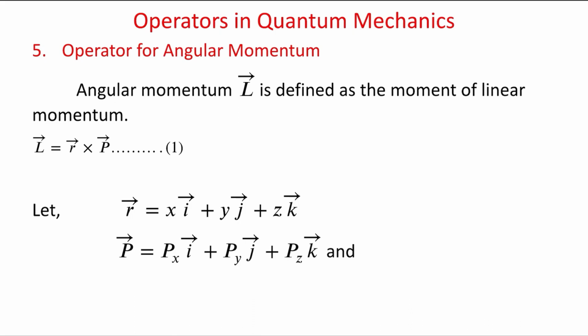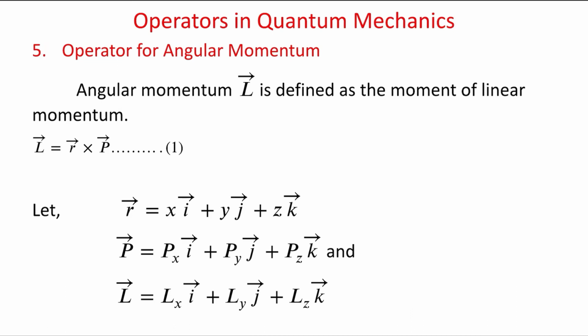Now, suppose that the vector R is represented by xi plus yj plus zk, and the momentum vector p is represented by pxi plus pyj plus pzk. Suppose that the angular momentum vector is represented by Lxi plus Lyj plus Lzk.